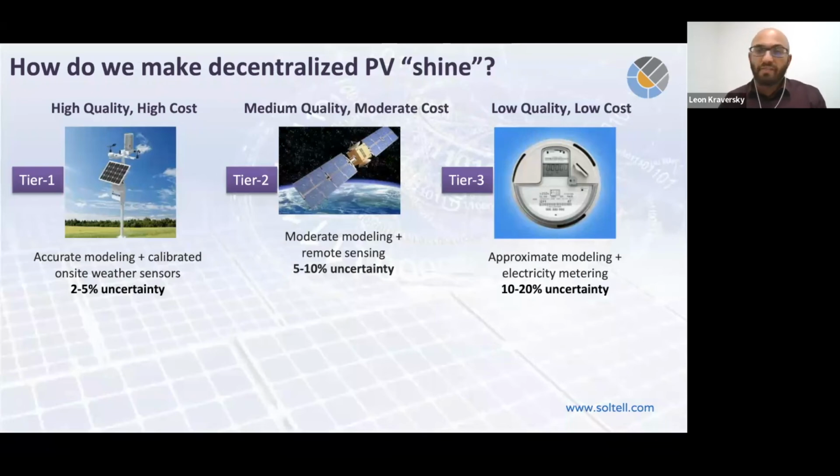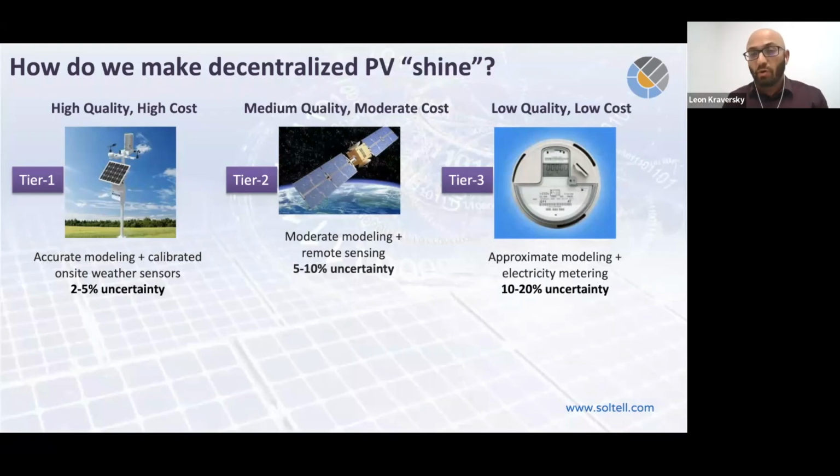On the other side, we have the low quality but low cost techniques with a simple model, and then just comparing those with meters. But the weather variation makes it quite inaccurate, and essentially what you get is quite bad results, which are not so much quantitative, but rather qualitative.